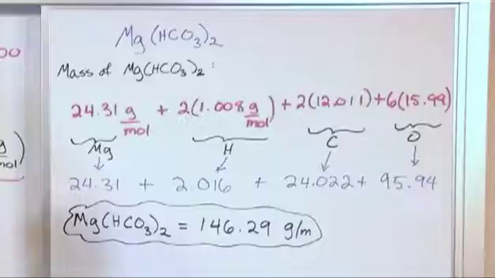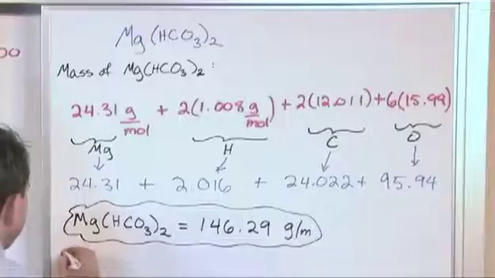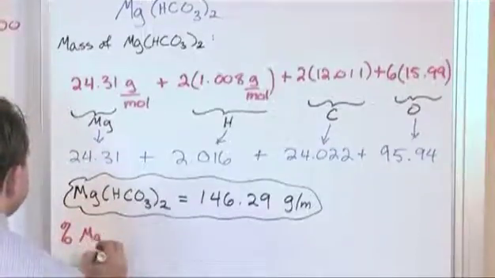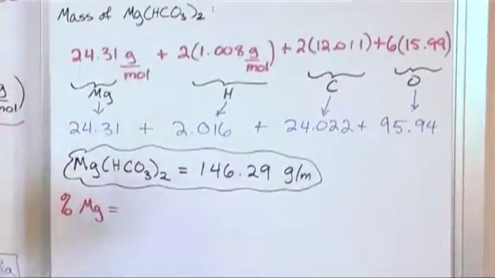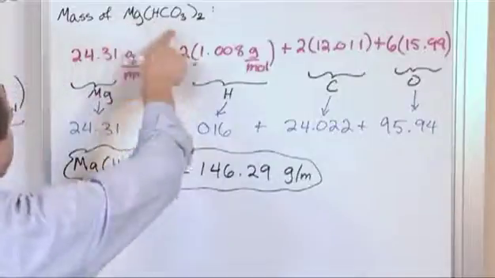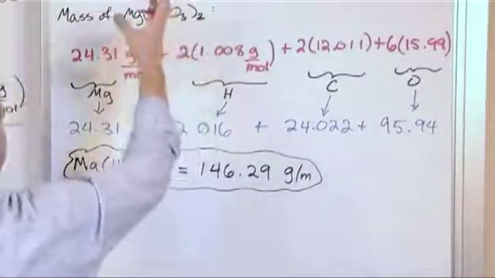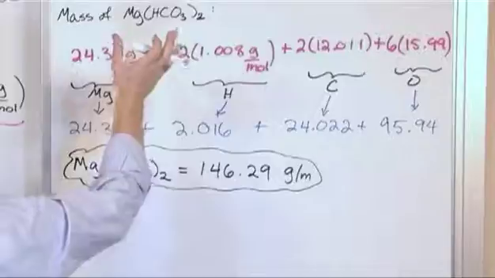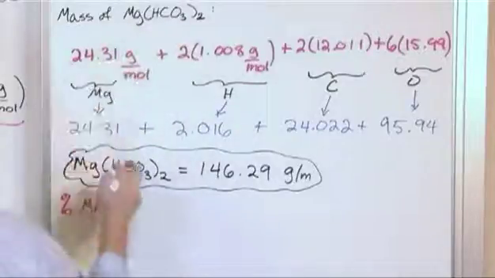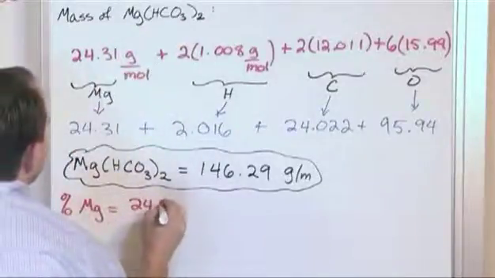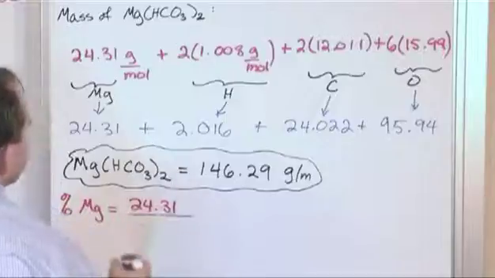Now, to find the percent by mass of each thing individually, we have to go back through and do the calculation. The percent of magnesium is equal to part over whole. In one molecule here, so to speak, or one little unit, I have 24.31 grams per mole of magnesium.